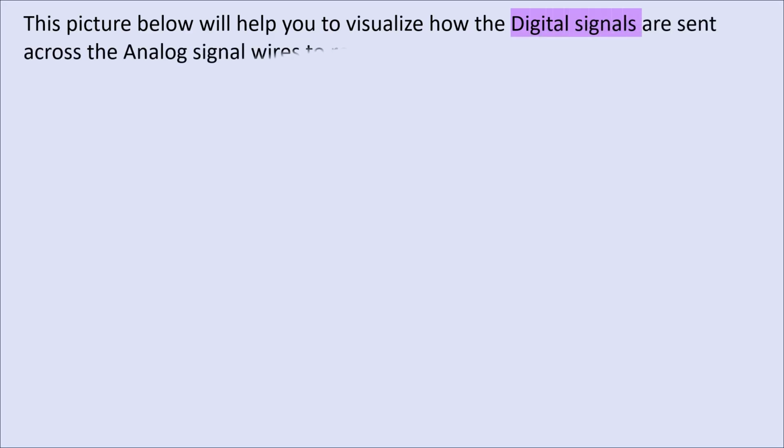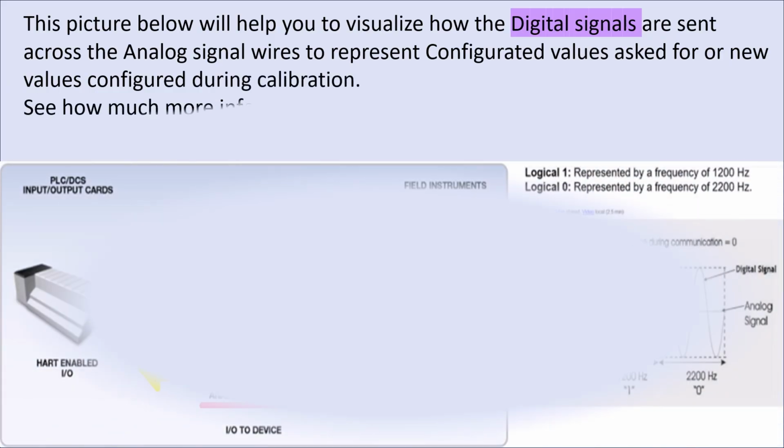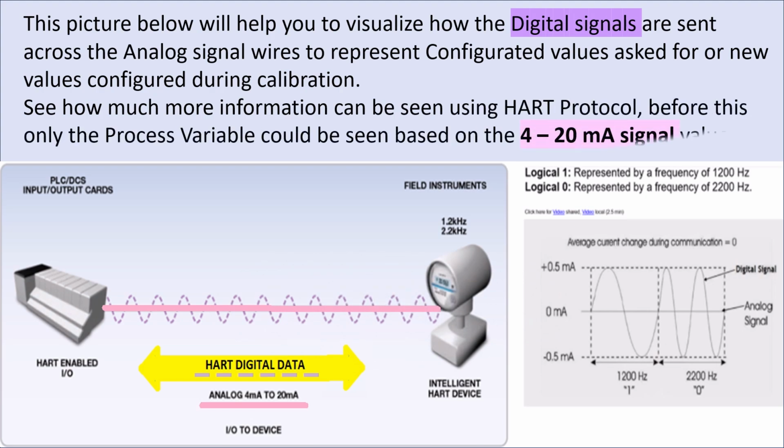This picture below will help you to visualize how the digital signals are sent across the analog signal wires to represent configured values asked for or new values configured during calibration. See how much more information can be sent using HART protocol. Before this, only the process variable could be seen based on the 4 to 20 milliamp signal value.